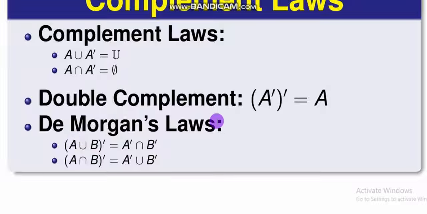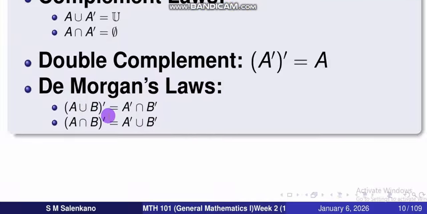Then we have De Morgan's laws. Okay, De Morgan's laws say that if I have A union B, and then I want to get the complement, then I will just have the opposite. Everything will become opposite, meaning A here will become A complement, union will become intersection, and B will become B complement.